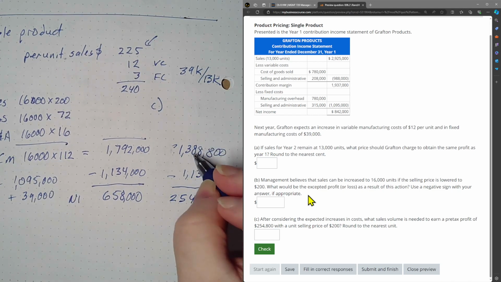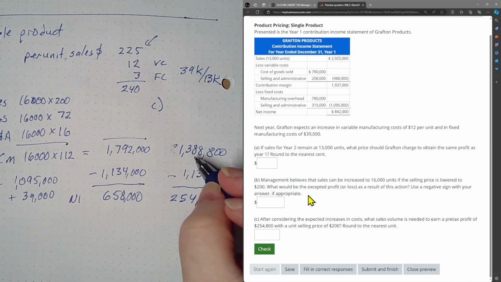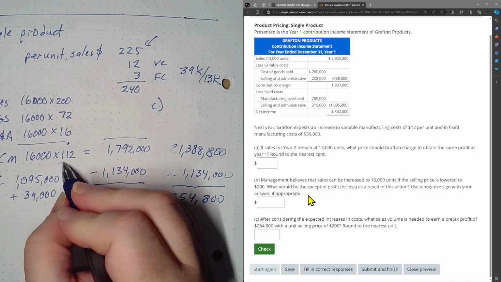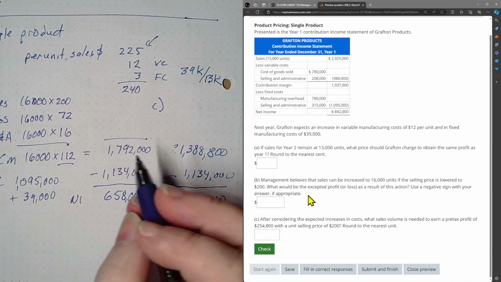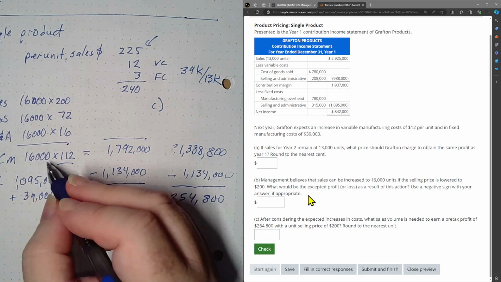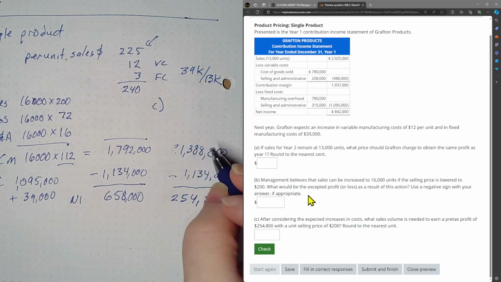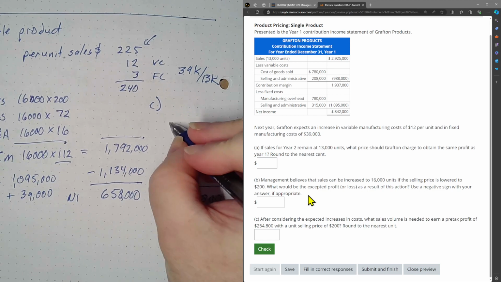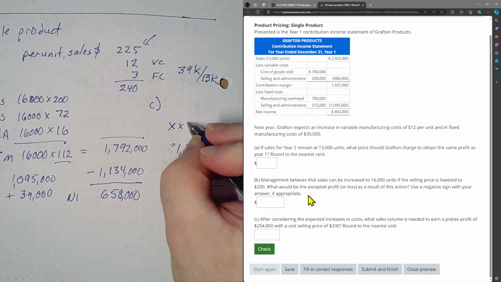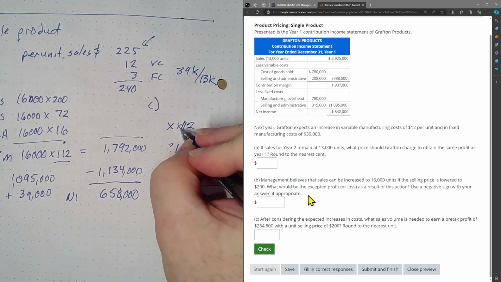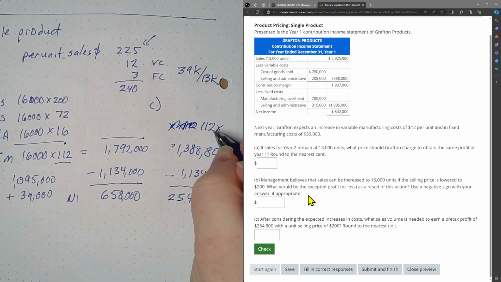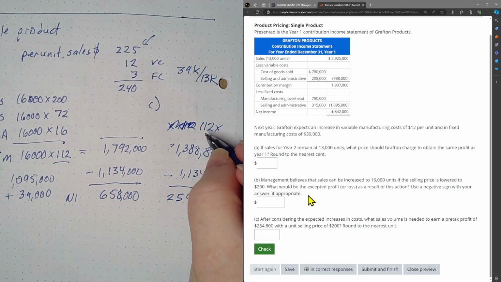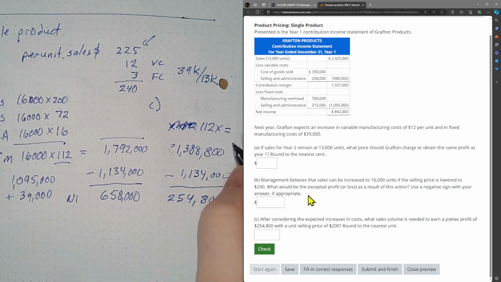Now, how is this number created? This number is created by saying 112 times some volume. So 112 per unit times some volume will equal contribution margin. So X times 112, or I guess I should say 112X. So 112 is the dollar amount, X is the volume, equals 1,388,800.